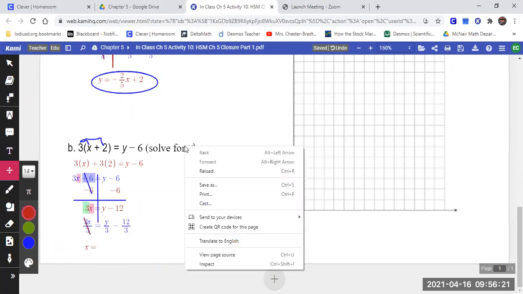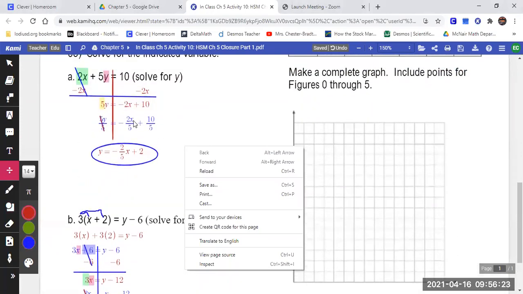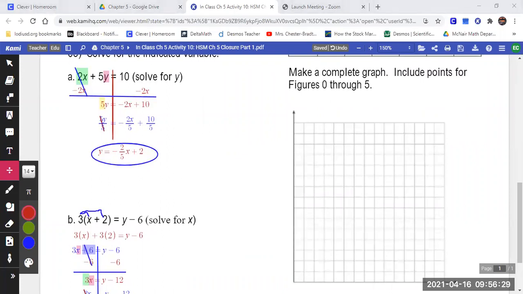Just like up here, remember we had a 2x on the top, but we pushed the x off.